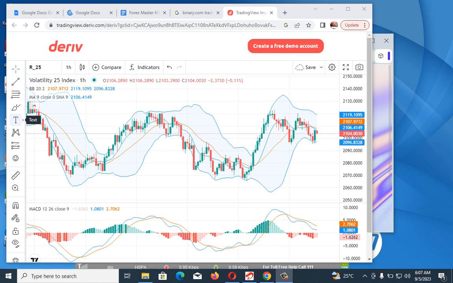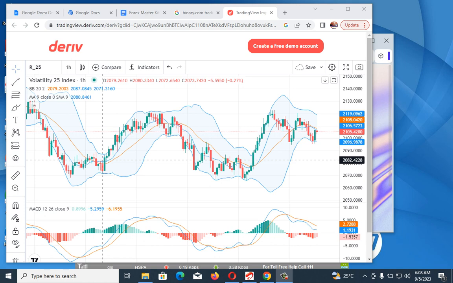The first thing you must confirm is that the candle that pierces these two lines, the moving average and the center line, is wide and long enough to engulf the previous candle, and the second candle opens with a good gap.